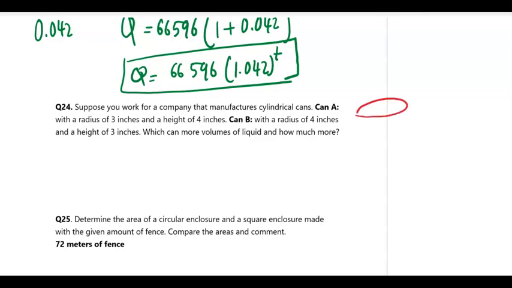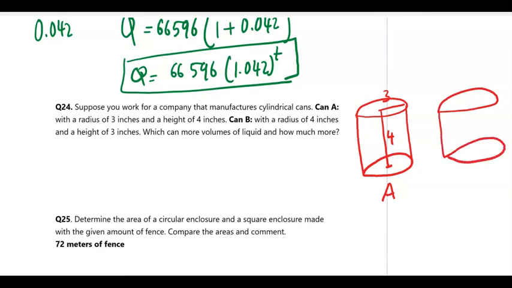Let me draw the cylinder here. This is the cylinder, just a rough sketch. This cylinder has a height of 4 and the radius is 3. That's one cylindrical can.